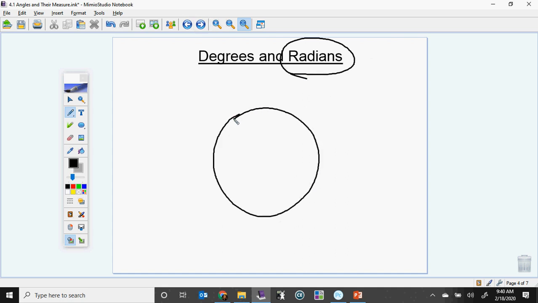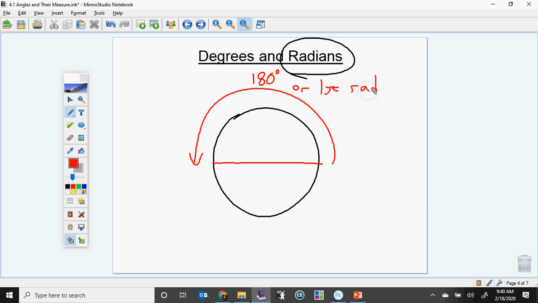So again, I have a circle, and we would say that if I went here, that is 180 degrees, or I could say that it is 1 pi radians.